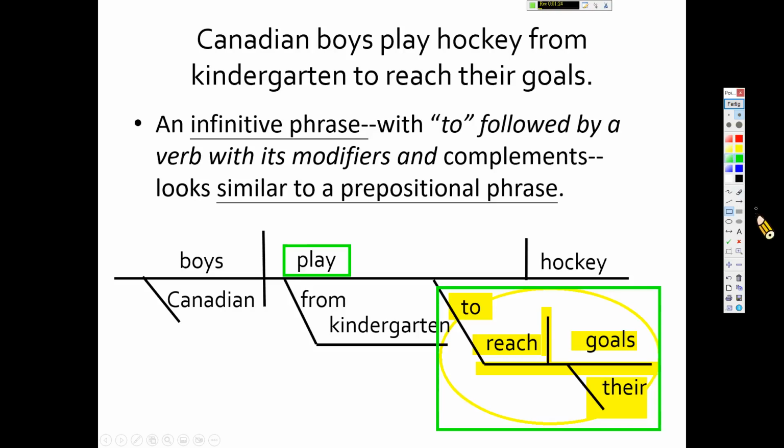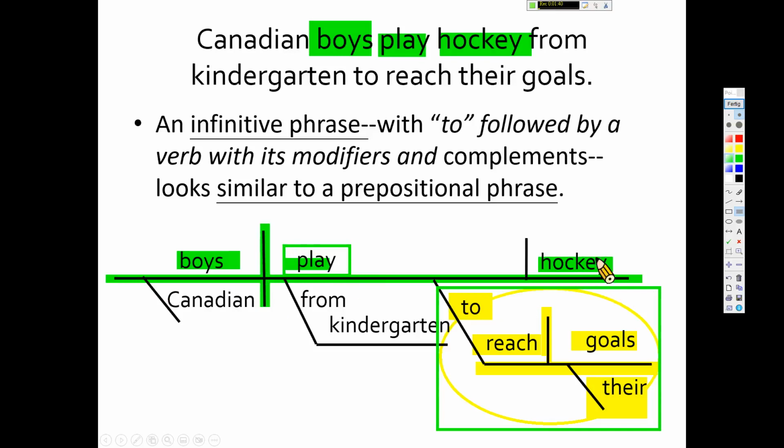So let's see the sentence here: Canadian boys play hockey. Boys play hockey, right? So this is the main line, this is the vertical line, and this shorter one is put in between the verb and the object.